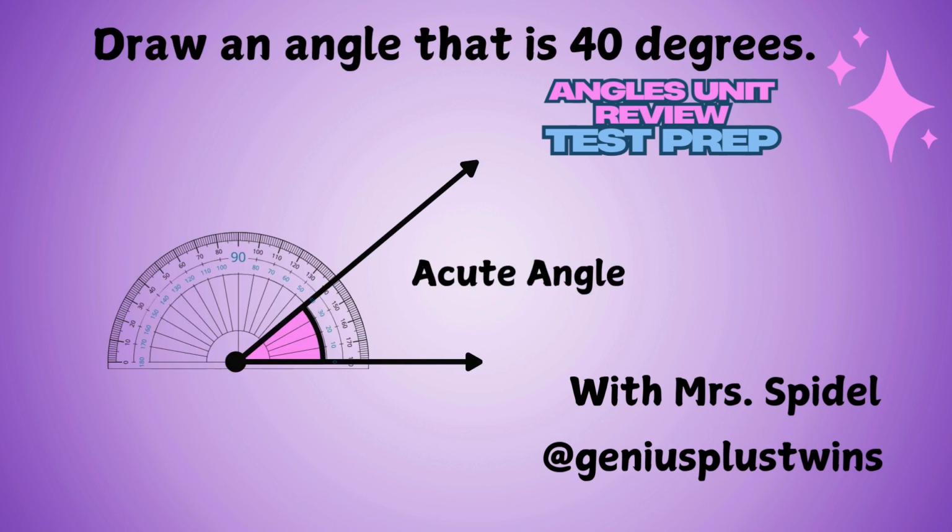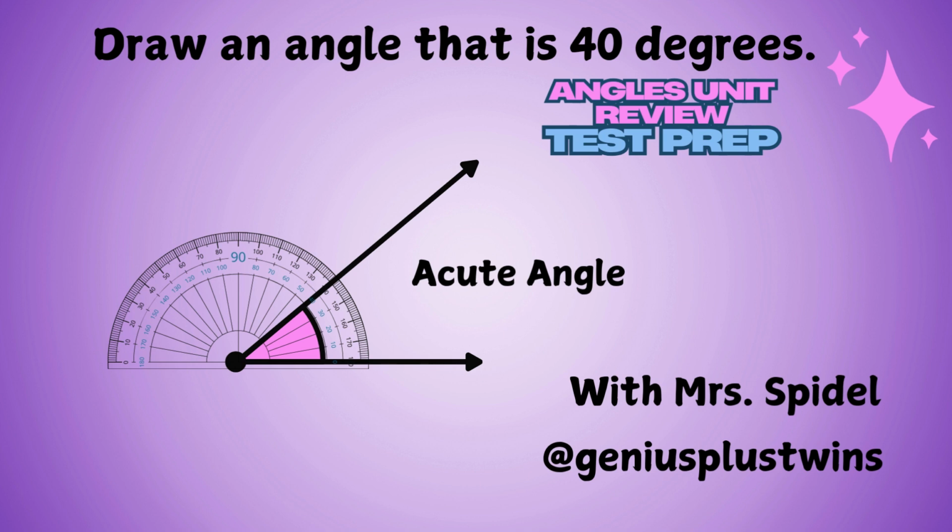In this example, I drew my horizontal line, I lined my protractor up with the vertex, made the guide mark to where it was 40 degrees, and then connected the guide mark with the vertex to complete my 40-degree angle. It is important to label the angle measurement.